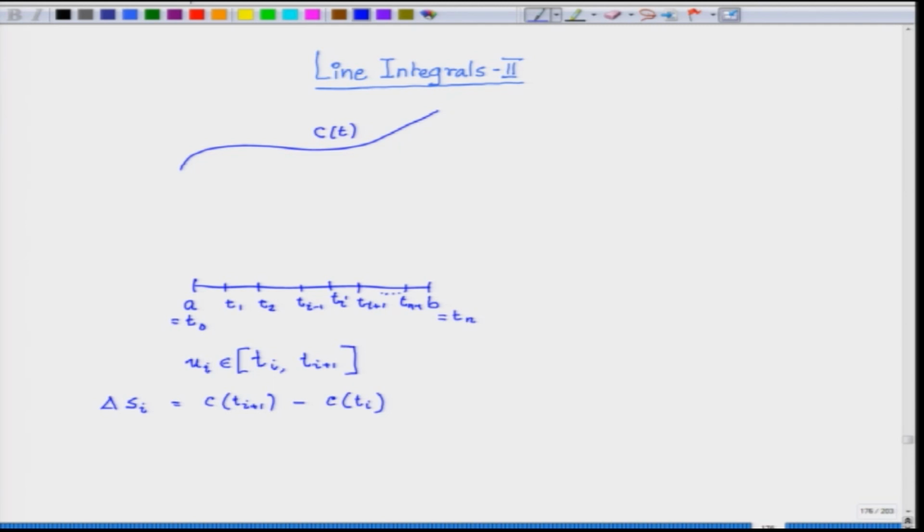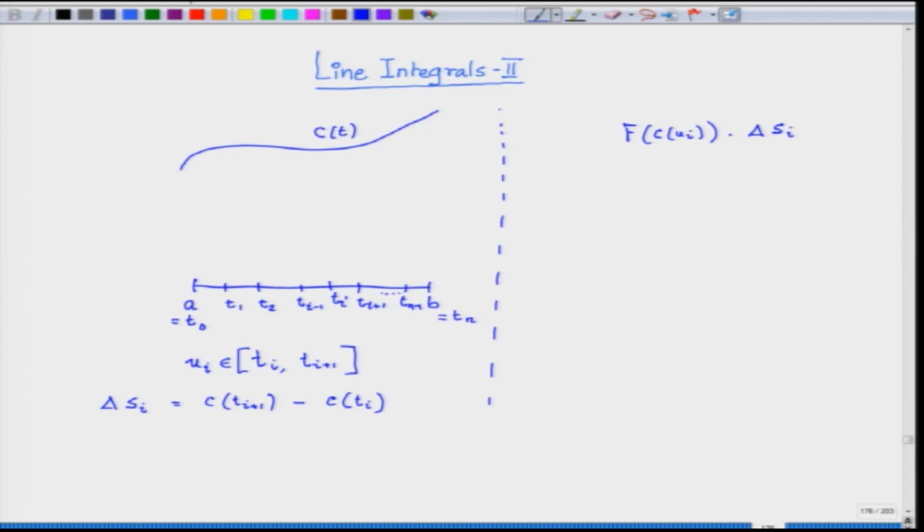These are delta Si. Let us write down the Riemann sum here. You choose any ui which is arbitrary. So, the Riemann sum would be f of C(ui) dot delta Si, where delta Si is a vector. So, these are all vectors, and what we are doing is writing individual Riemann sums.